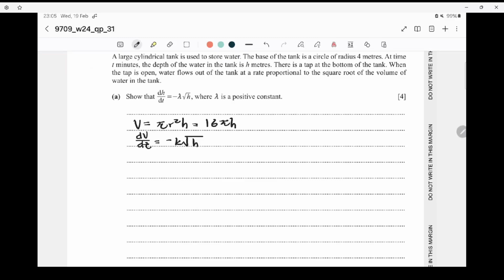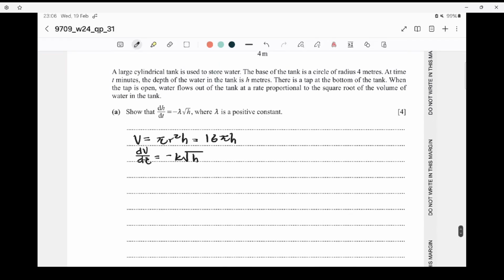Technically speaking, you can leave it like that, because you need to show this.